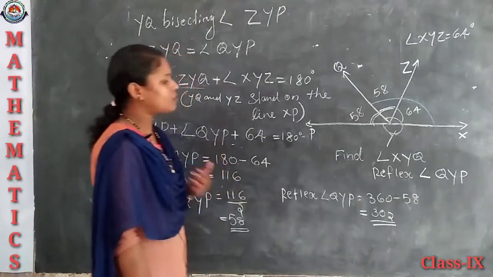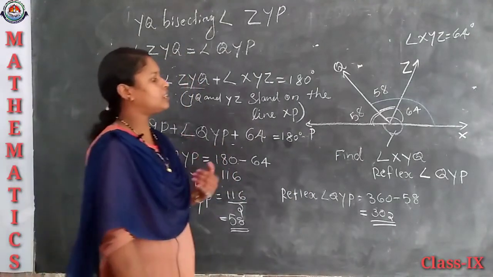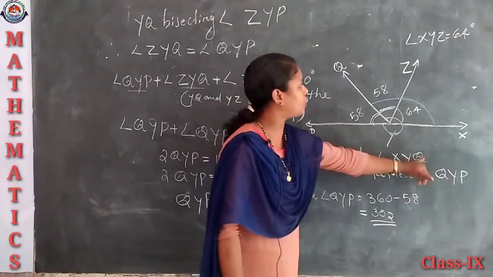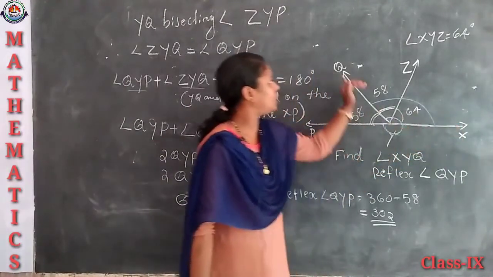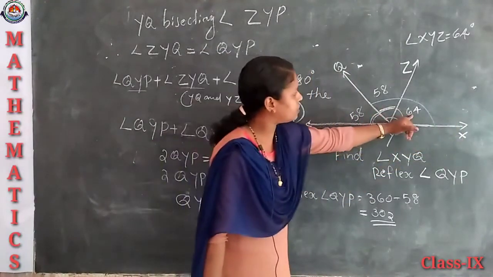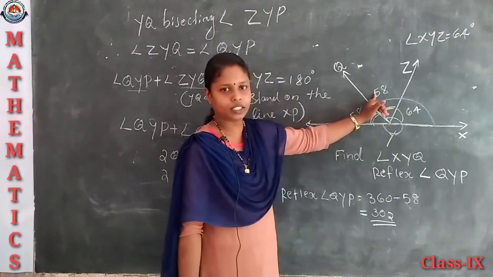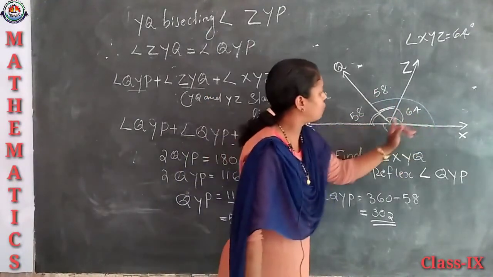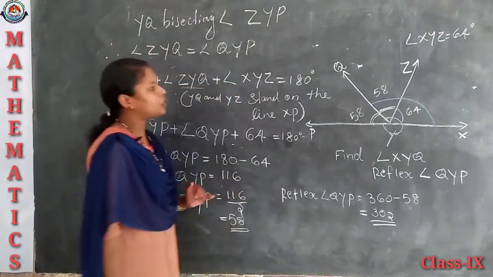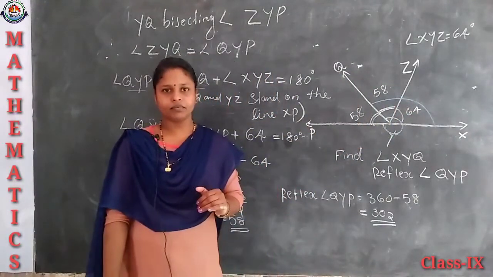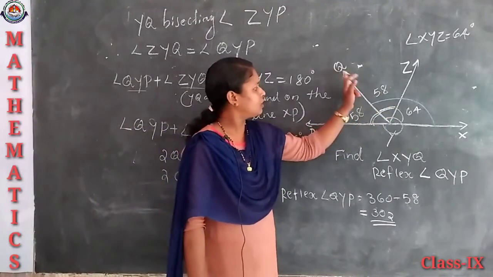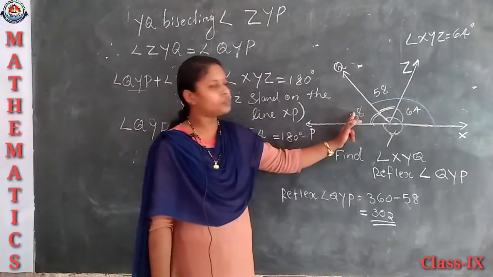And here we need to get one more angle, that is angle XYQ. This one, XYQ. Here it is 64 and it is 58. Therefore, angle XYQ equals 64 plus 58. From here itself, we got QYP equal to 58.